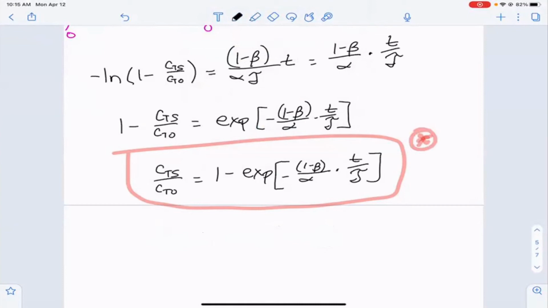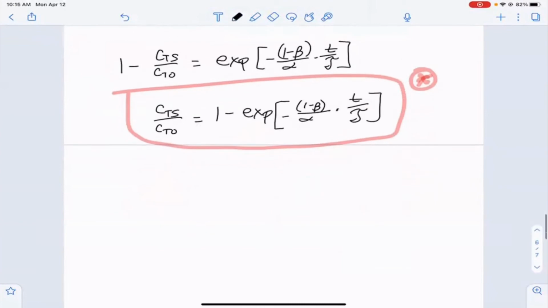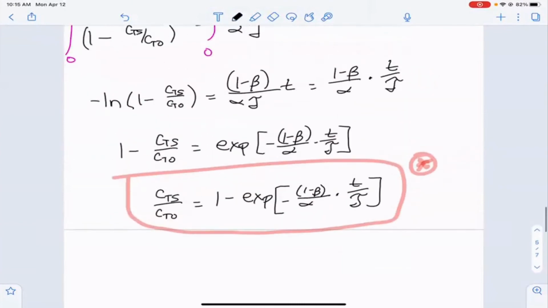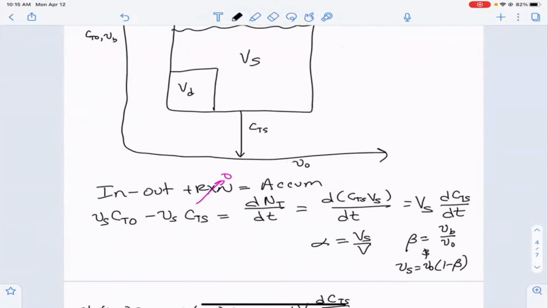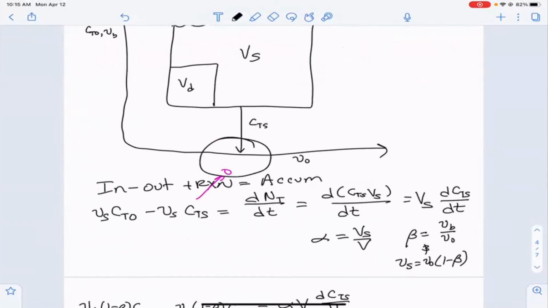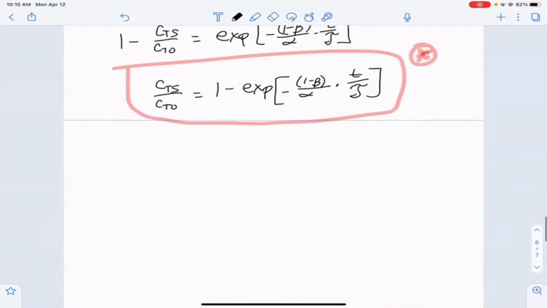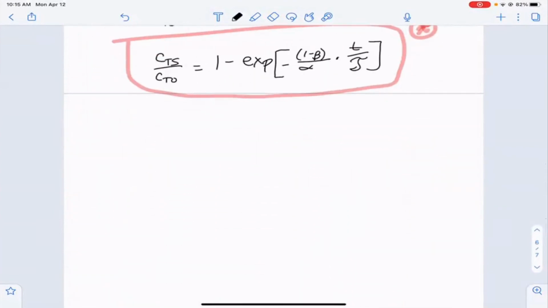Now we're going to do the same thing we did with the reacting system, and we're going to balance the mixing point. We're going to do a mass balance right here as well, where again we have 2 in and 1 out, essentially the same as before.